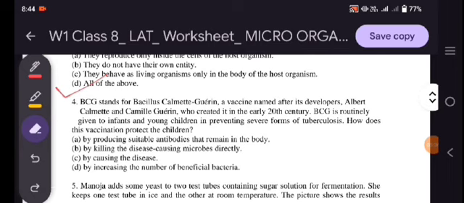How does this vaccine protect the child? By producing suitable antibodies that remain in the body; by killing the disease causing microorganisms indirectly; by causing the disease, which is absolutely wrong; or by increasing the number of beneficial bacteria.